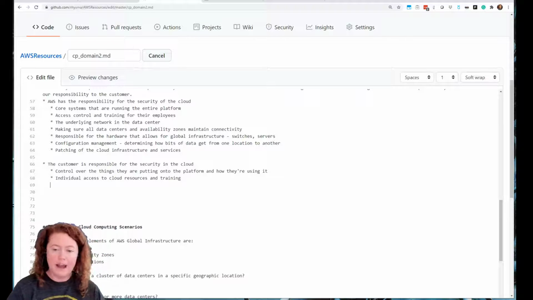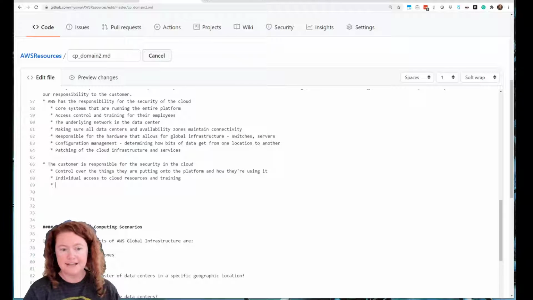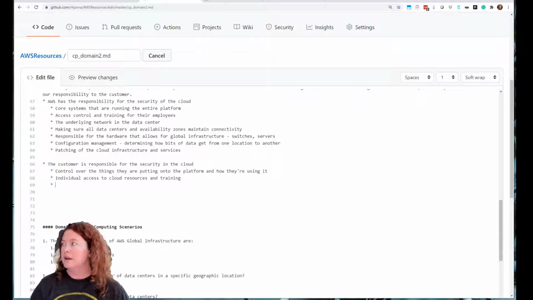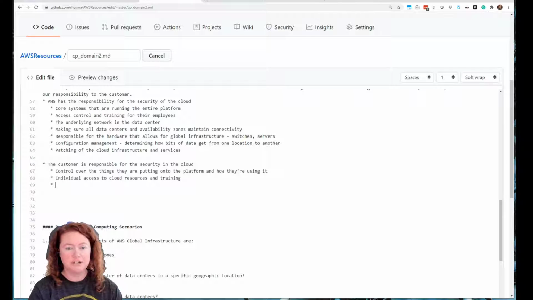If we are allowing people into our AWS account, allowing people access to the API, we're making sure that they have the proper access and the right training to get into resources. We need to make sure that we give least privilege access to those people in our company that need to access cloud resources.